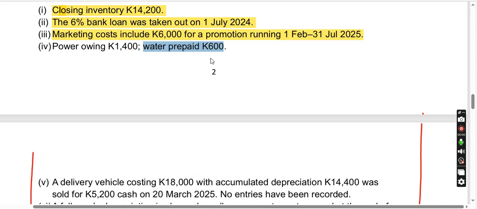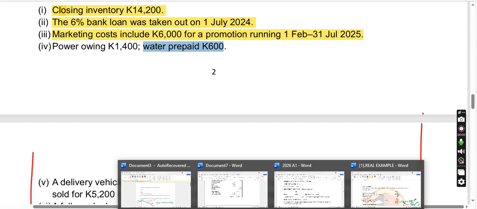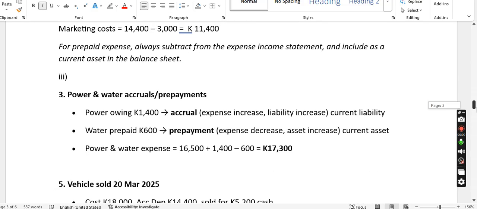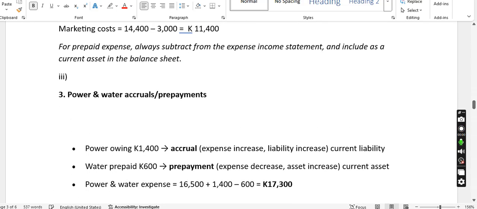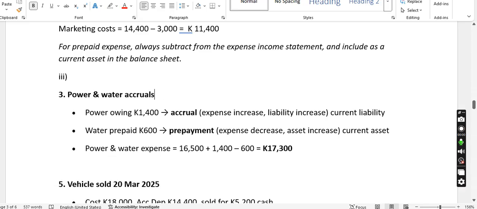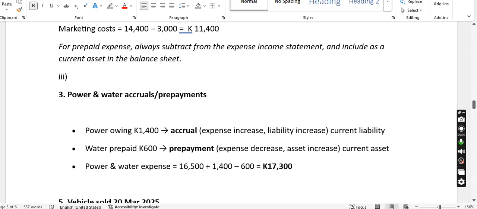Okay, colleagues, the prepayment you subtract, okay? You subtract, alright? So maybe let me write the journal entries again here. So for an accrual, remember, I hope we have those tables I showed you, the double entry rules.